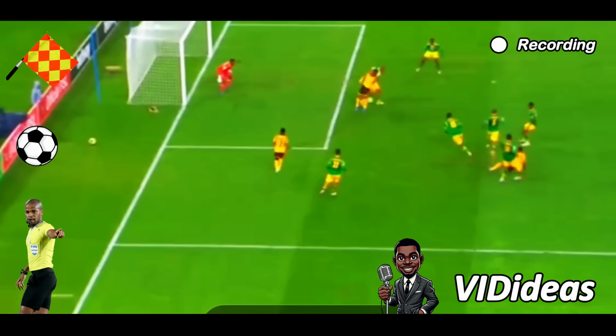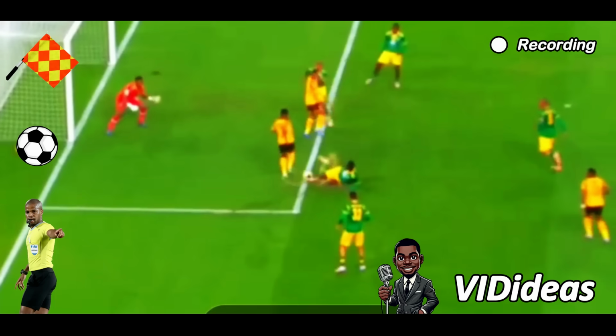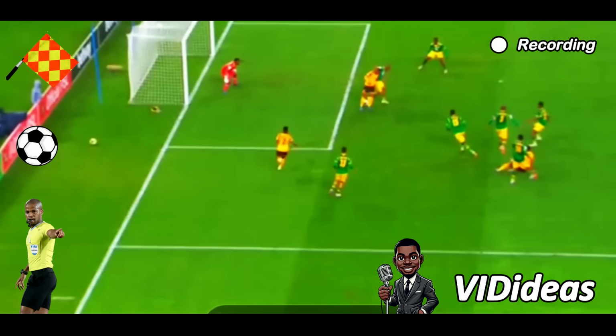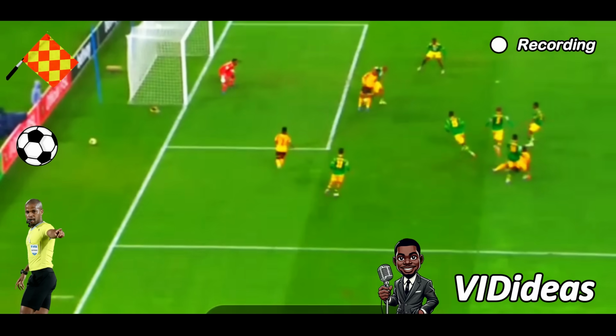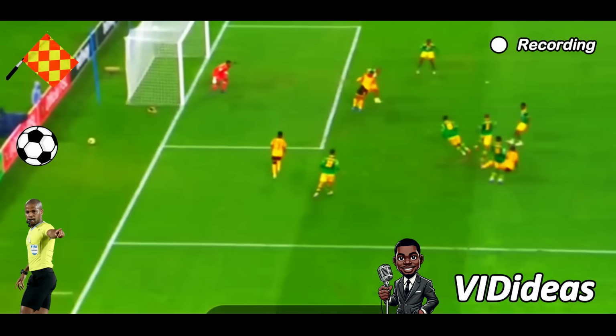Unfortunately, he miscues it. It deflects off Dupree, and then it goes to Mdu Shabalala, right? Who then scores. So according to FIFA Law 11, the fact that the Golden Arrows defender tried to play the ball actually cancels Mdu Shabalala's offside.